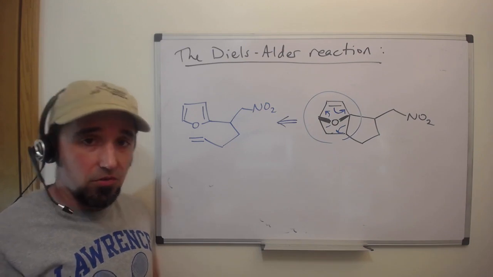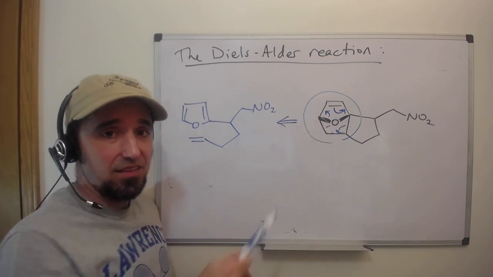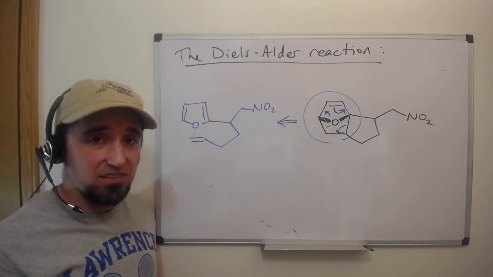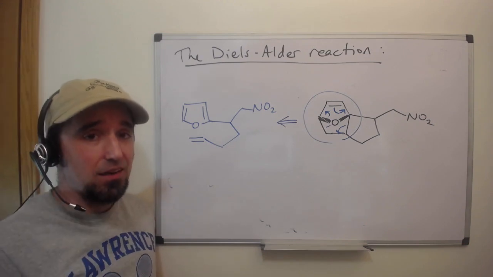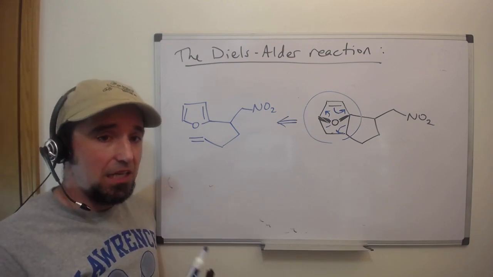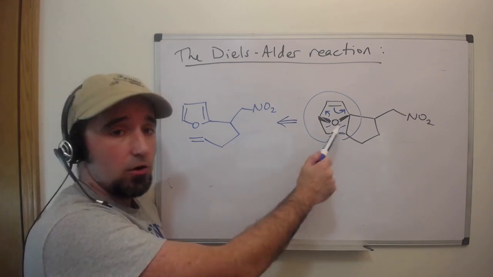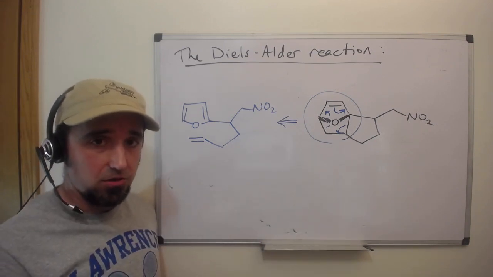And looking at it from the reverse end, even though this is complex, anytime I see that six-membered ring, especially if it's a cyclohexene, my brain can say, hey, I bet I can make that if I can think about a Diels Alder reaction. And I'll also note that even though there's no withdrawing group on this alkene, right? As originally I started by saying you need an electron withdrawing group.